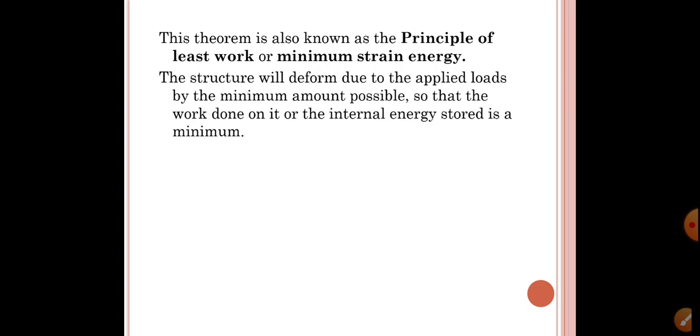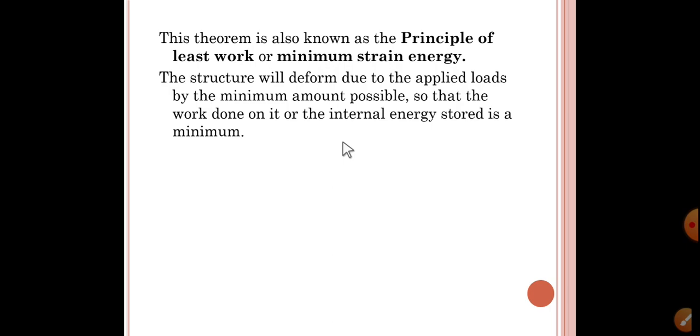Now, the remaining 3 beams are fixed beam, propped cantilever beam, and continuous beam. These 3 beams are indeterminate beams, and indeterminate beams are analyzed using Castigliano's second theorem.